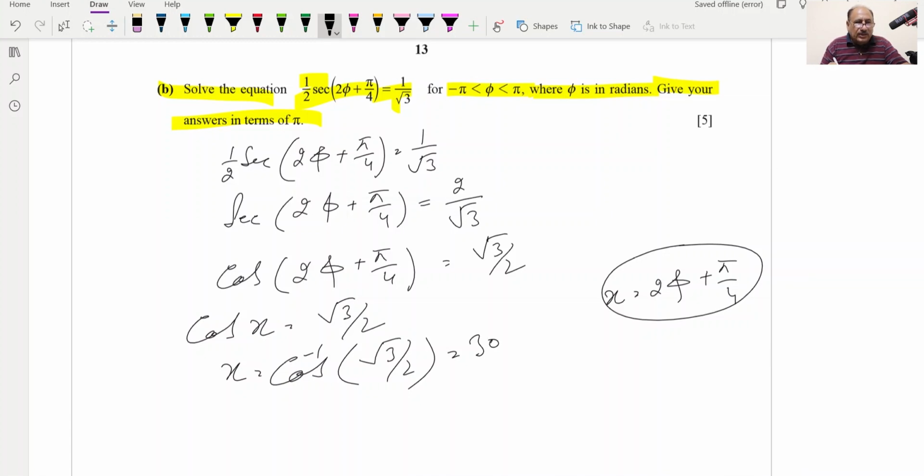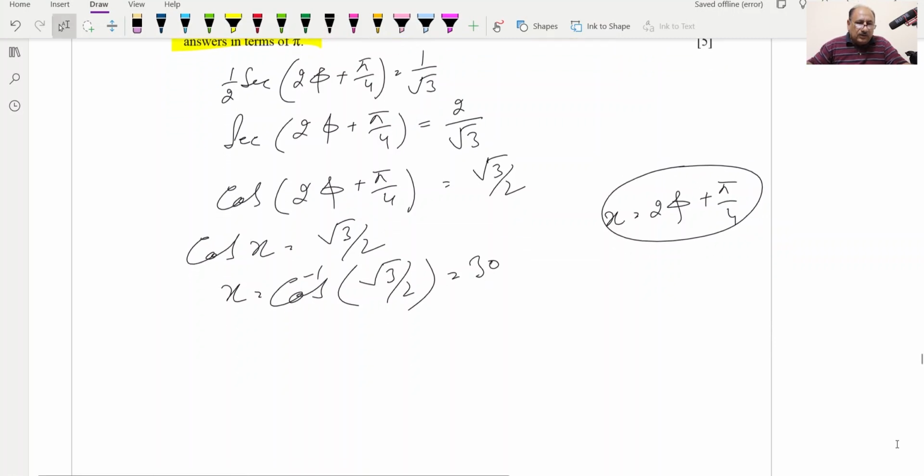So this is a 30 angle. Now what we can do, 30 angle means what? 30 angle will be pi by 6. It will be pi by 6 and 11 pi by 6.